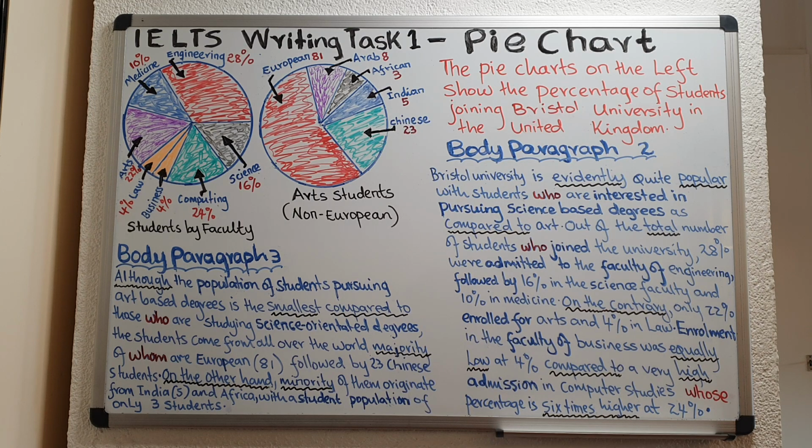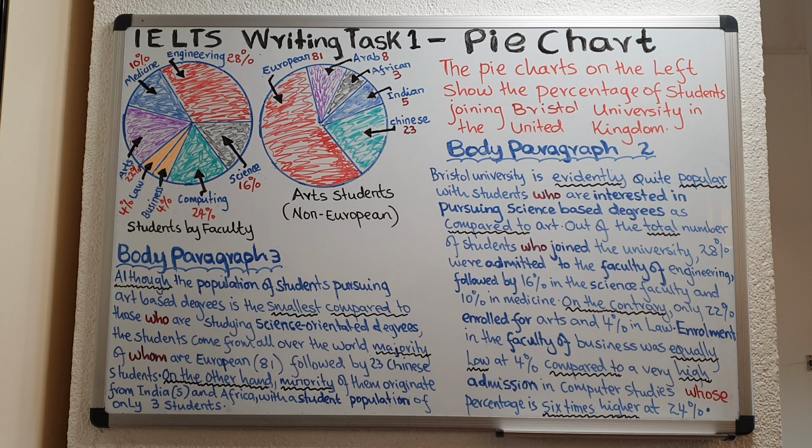So I have proved, okay, that science-based degrees are very popular when it comes to the first pie chart, because out of the total number of students who joined the university, 28% were admitted to the Faculty of Engineering, followed by 16% in the Science Faculty and 10% in Medicine.